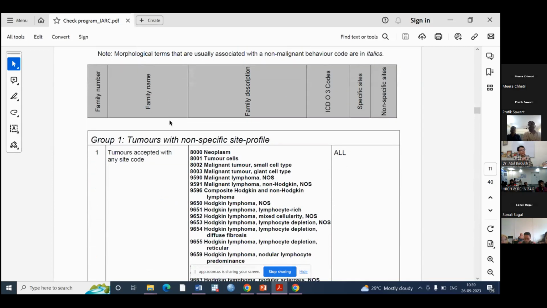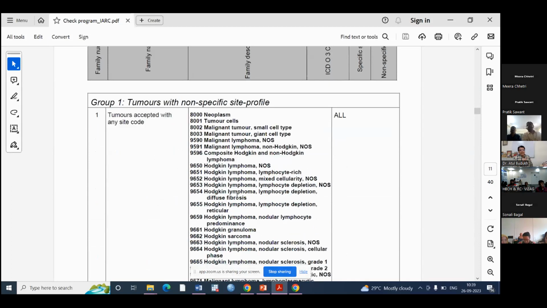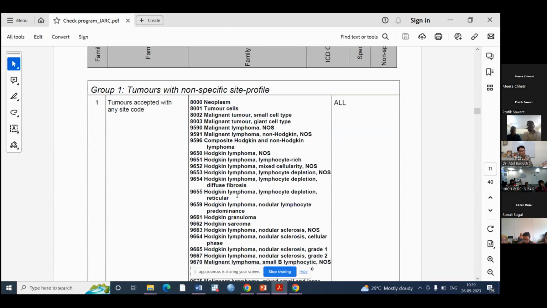See this group 1, tumor with non-specific site profile, tumor accepted with any site. So this tumor's primary site can be anything. So all this list, the staff should go through before case abstraction.